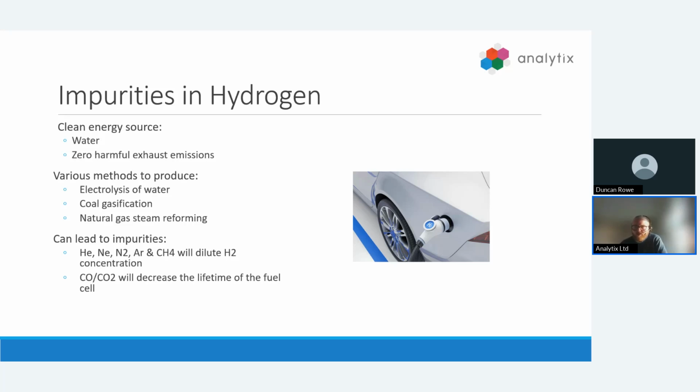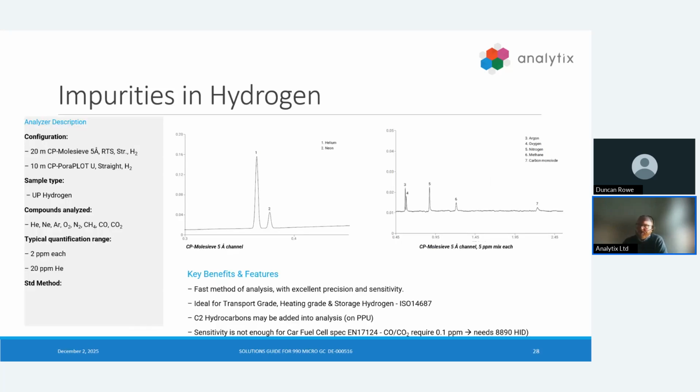And then compounds like carbon monoxide and carbon dioxide can damage fuel cells, so will decrease the lifetime of those fuel cells. So with this in mind, it's really important to detect ppm level impurities before hydrogen is used in fuel cells. The micro GC can provide fast and sensitive analysis for 2 to 10 ppm level hydrogen impurities analysis. So we'll just go into the data in a bit more on this application.